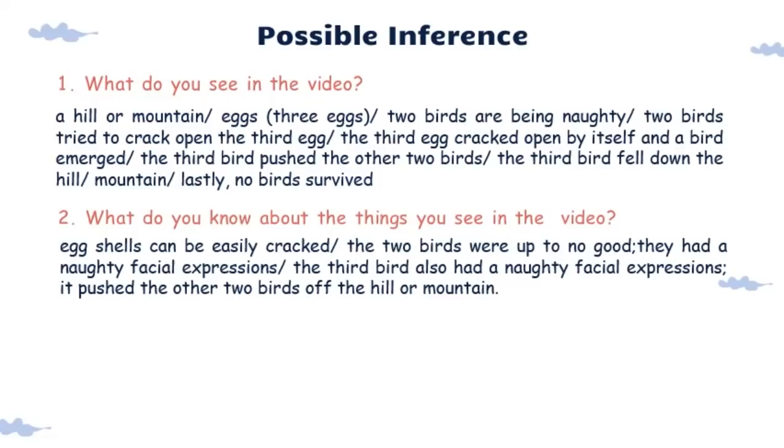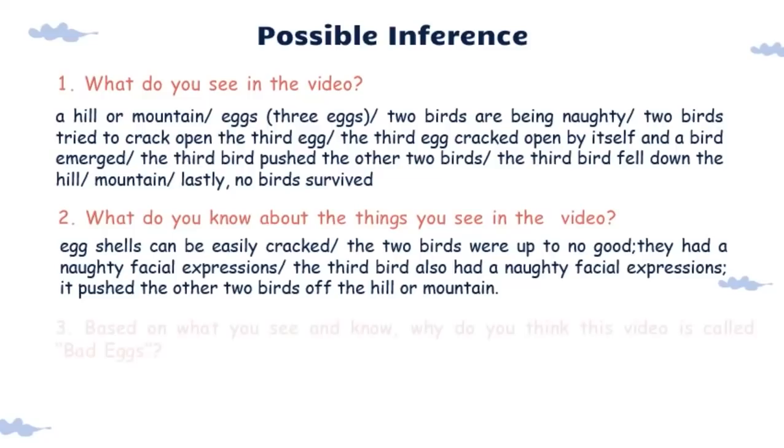That signaling they are going to do something very naughty, right? They're trying to crack open the 3rd egg. And then the 3rd bird also had a naughty facial expression. Remember the eyes growing big, foreshadowing that the bird will do something naughty. And then this 3rd bird pushed the other 2 birds off the hill or the mountain. So these are the things that we know based on what we saw in the video.